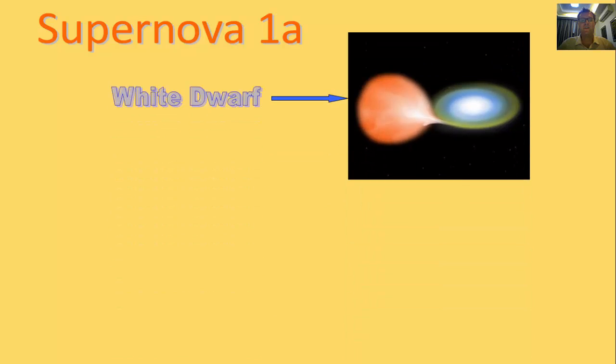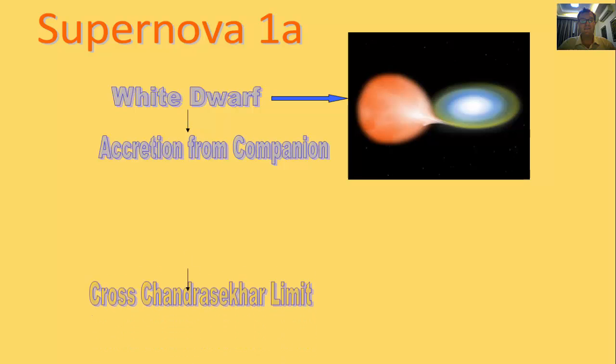We're going to talk about that in a later session though. For now, what happens is that we have a white dwarf formed in a binary system. The white dwarf can accrete, so it can suck gas and matter from the partner star.